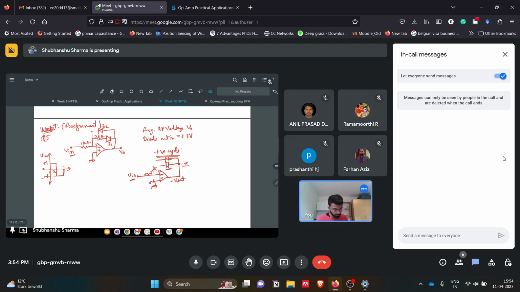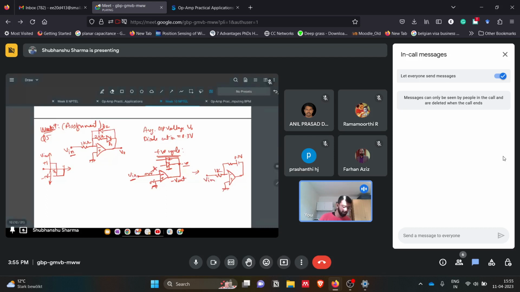So our circuit will look like this, with a cut in voltage of 0.3 volts. The D2 diode is off, we don't need to bother about that.